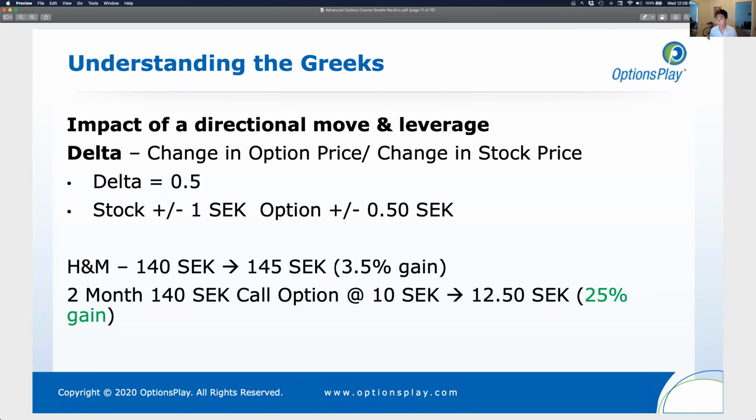The first one we're going to look at is understanding the impact of the directional move that the stock has. Meaning, if the stock is trading at 100 and goes from 100 to 110, how do we calculate how the value of our call option, or whatever option we purchased or sold, changes?